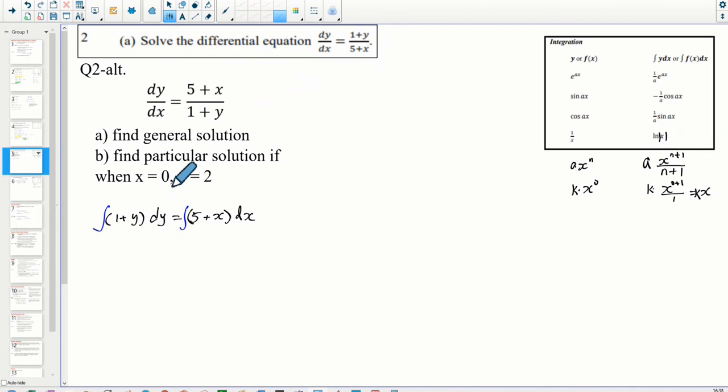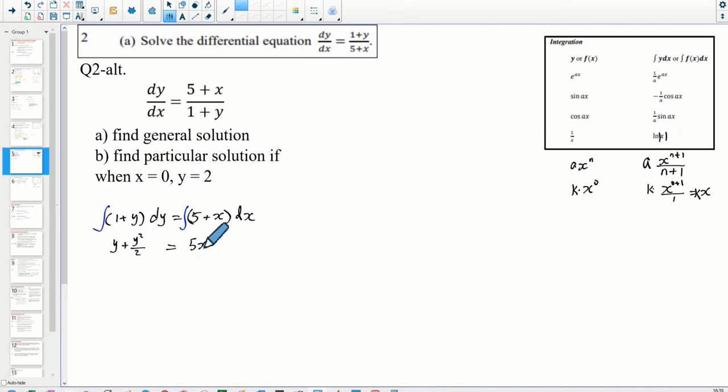Now again, just integrate after you've separated the x's and the y's into left and right. So integrate 1 plus y. I will get y for the first term. And the second term, raise the power by 1, so y squared, and divide by the number 2.